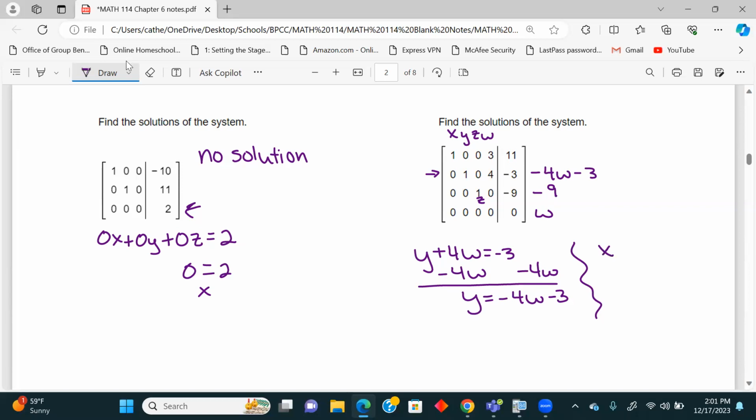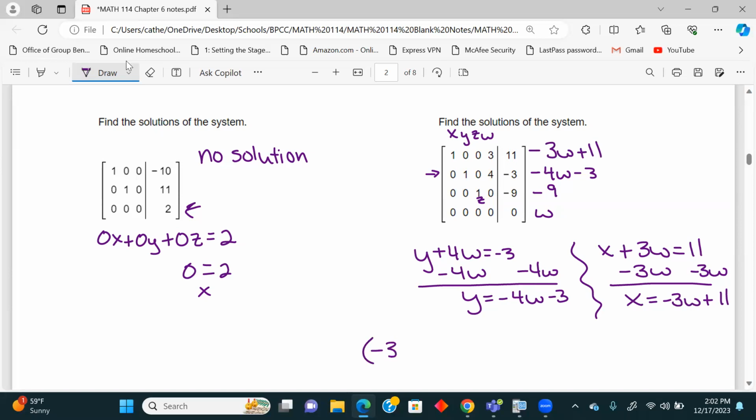We have 0y, 0z plus 3w equals 11. And I need to find out what x is, so I'm going to move the w over. So it's negative 3w plus 11. So when you put it in, you'll select infinitely many solutions.